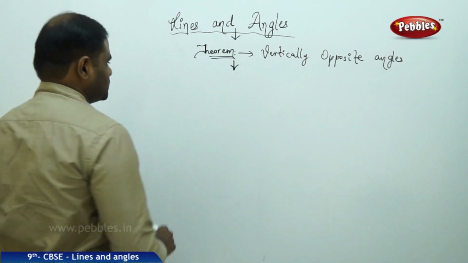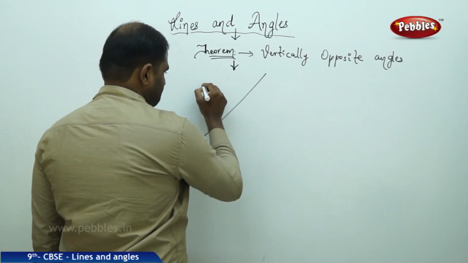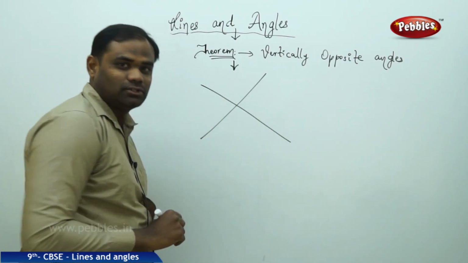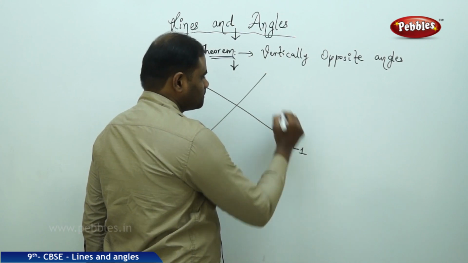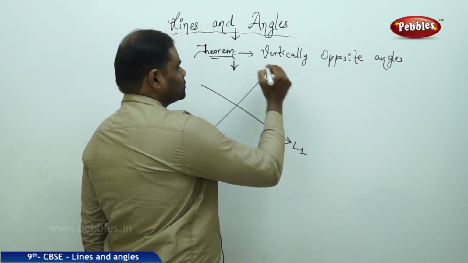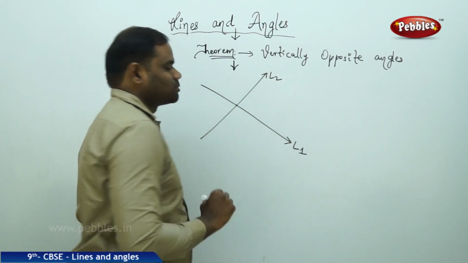Vertically opposite angles are formed when two lines intersect. So here is line 1 and here is line 2 intersecting at this point.